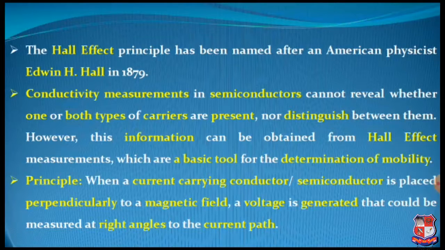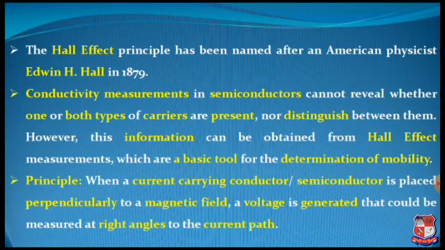When a current carrying conductor, or we can say semiconductor, is placed perpendicular to the magnetic field. This is very important. The angle between the semiconductor and magnetic field will be 90 degrees. After satisfying this condition, a voltage will be generated that could be measured at right angles to the current path.